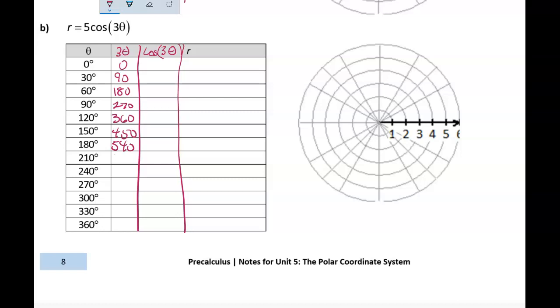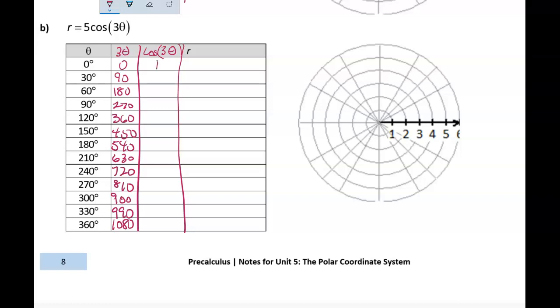So now next value would be 630. Next value would be 720. And then what's next after that? By 90s, that would be 810, 900, 990, and 1080. Okay, notice the 3 thetas are just quadrantal values.